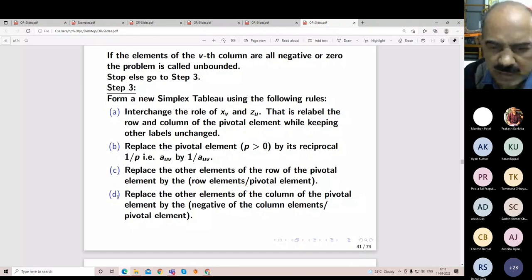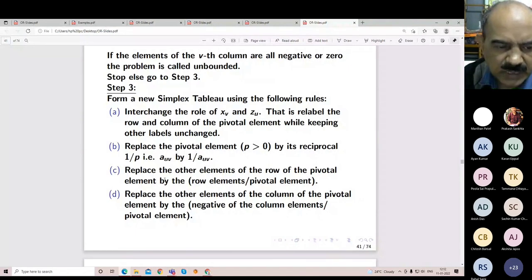Similarly, with respect to the key element, there is a particular row and there is a particular column. So with respect to the row, replace the other elements of the row of the pivotal element, other than the key element, by the row element divided by the pivotal element.